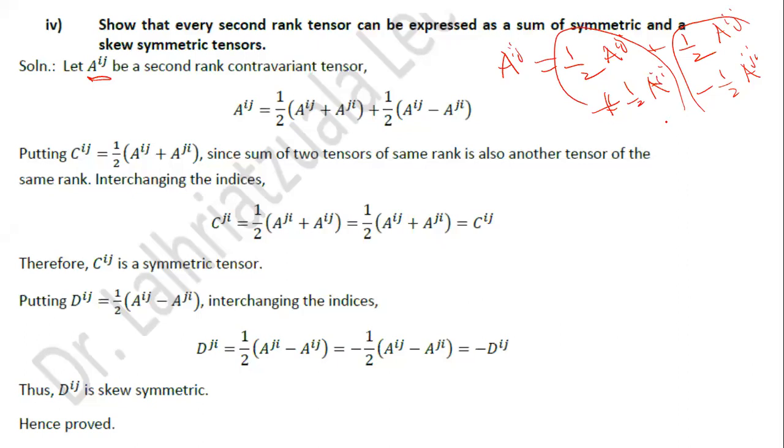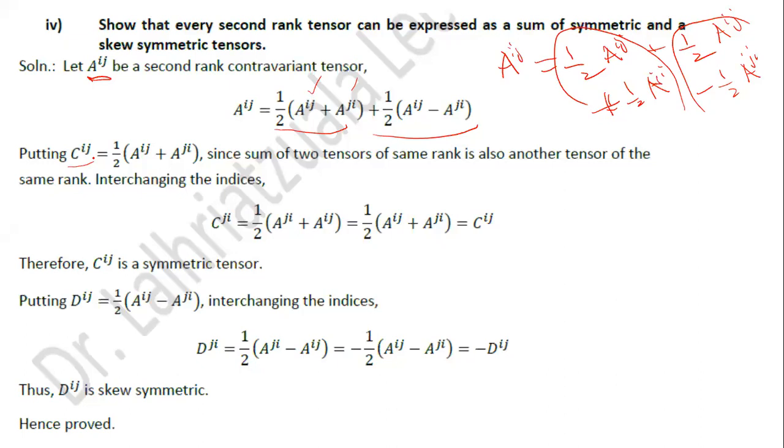So this second rank tensor, you can combine it like this, right? Now you can put the first term here, half of Aij plus Aji, as this is an addition of Aij tensor and Aji tensor. If you just put this addition of two contravariant tensors as another contravariant tensor, which we call Cij, right?